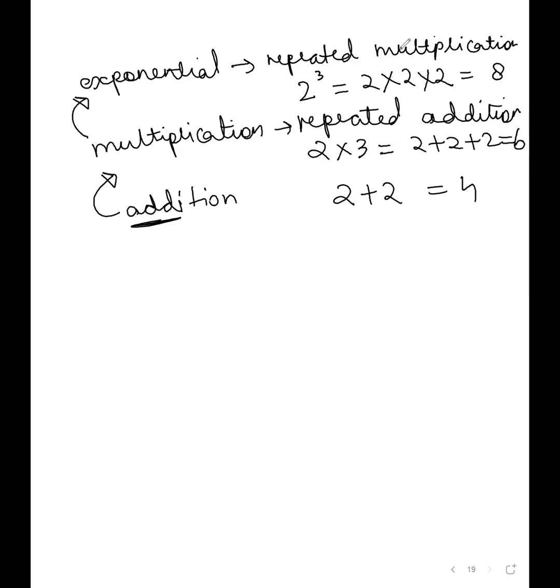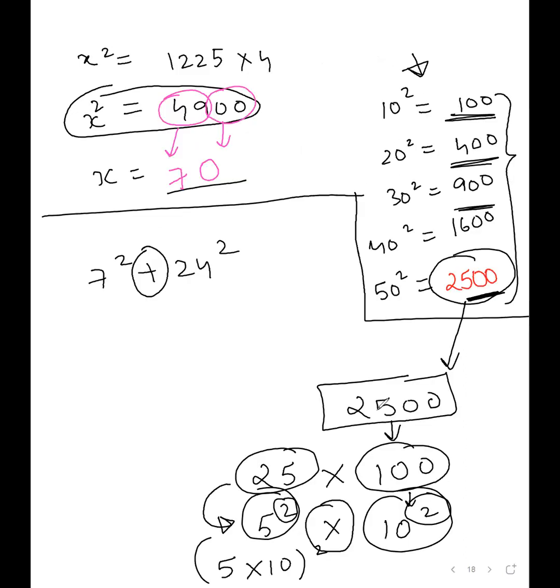Now here is where the answer to your question lies. For example, if I say 4 multiplied by 3 plus 2, this is equal to 4 multiplied by 3 plus 4 multiplied by 2. So here, even though the thing in between the two terms is plus, how are we taking multiplication as common?